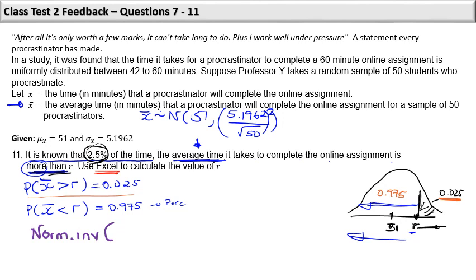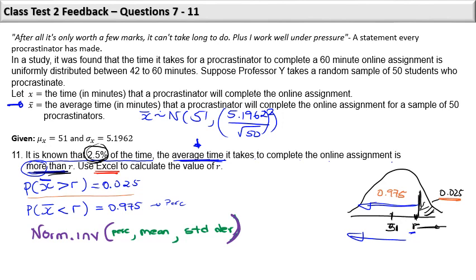And you know, for the norm.inv function, the parameters it will ask for are the percentage, and then the mean, and then the standard deviation. Are you happy with this? I hope you are. Okay, so these are the parameters. So now we can come and put in our values.